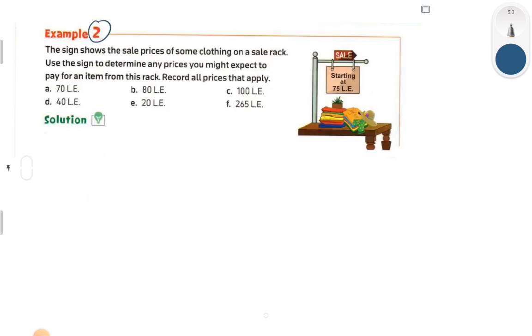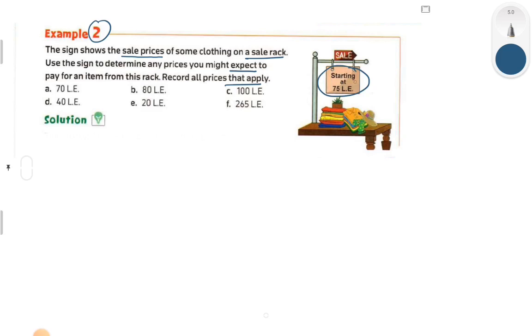Example number 2. The sign shows the sale price of some clothes on a sale rack. Use the sign to determine any prices you might expect to pay for an item. From this rack, record all the prices that apply. Now, we have some prices, and we have this sign.